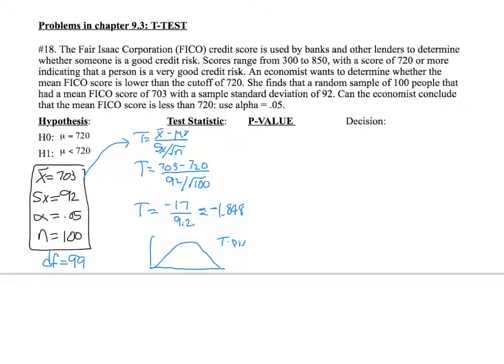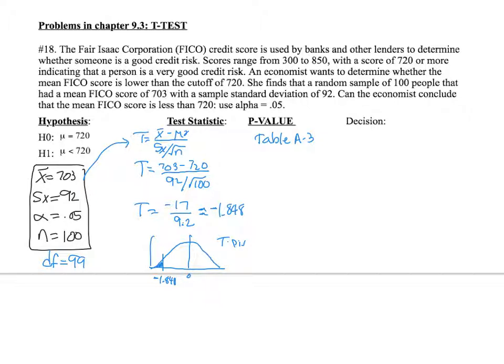And so in this case, here's 0. Here's t at negative 1.848, and now we're trying to find this value here. So our p-value, when we look it up on table A3, we see that we can't find the exact value, but we can find an in-between value.